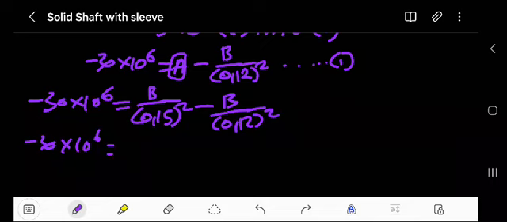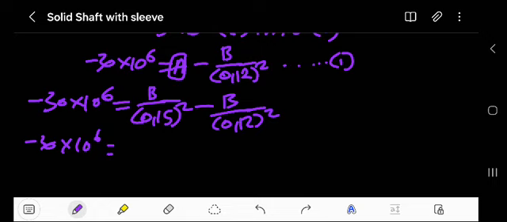All right, isn't it? Let me just show you what I mean. If you take your calculator, we say 1 over 0.15, then you square.